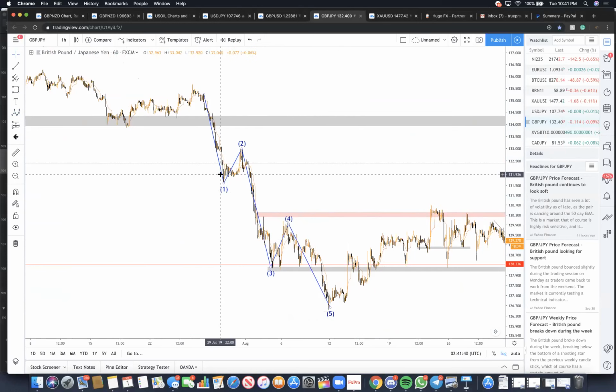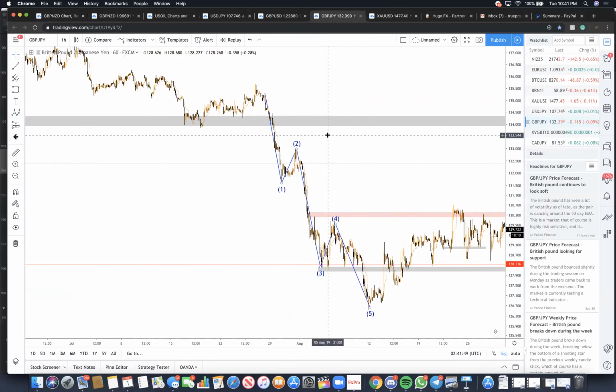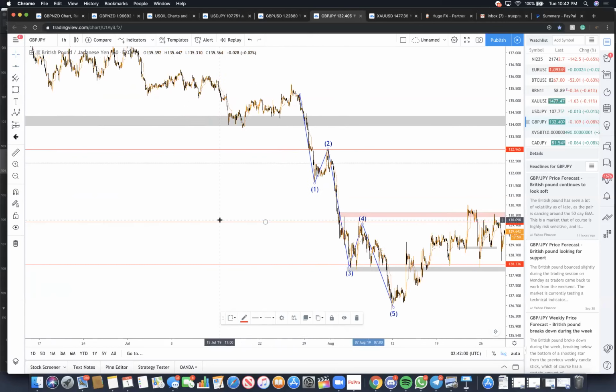Right? First move to the downside after consolidation, or as we learned, accumulation, or distribution. The market broke below, came back, retested this level. Let's see if these levels have any significance based off the past. So let's look left.